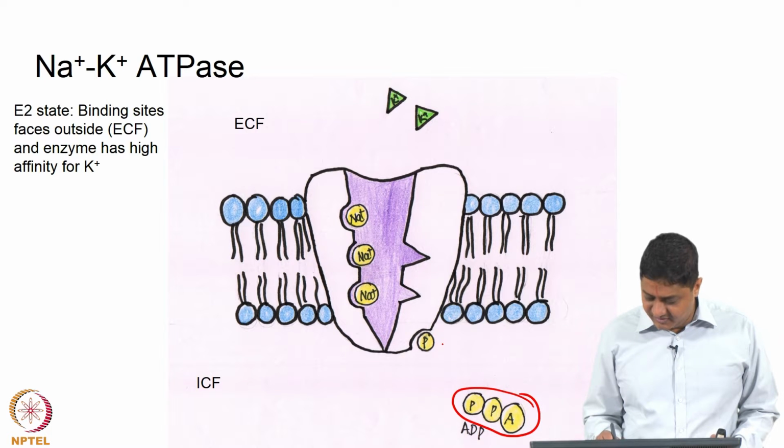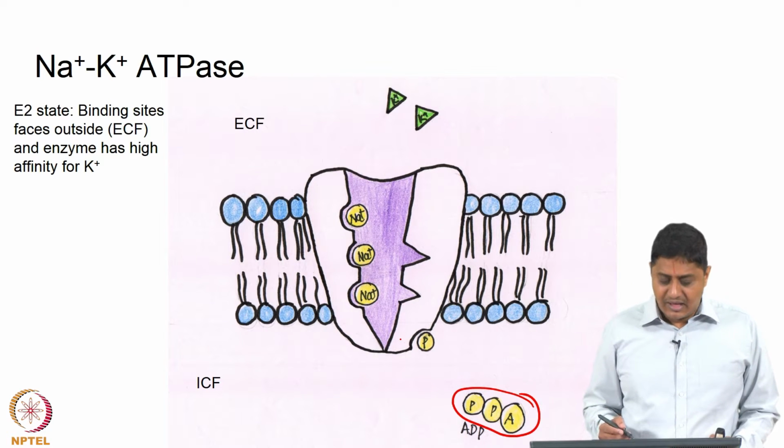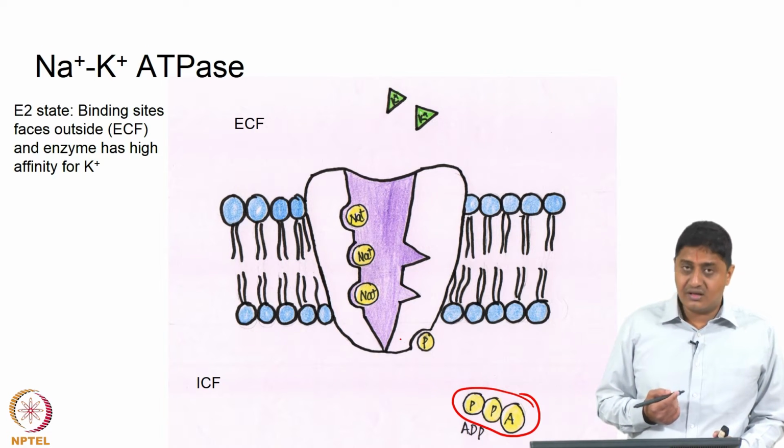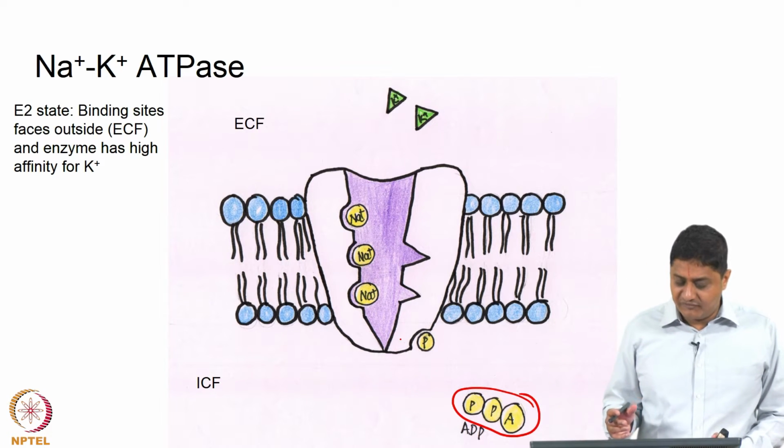So, ADP leaves the system, and the energy released due to the breakage of this bond makes this ATPase undergo a conformational change.